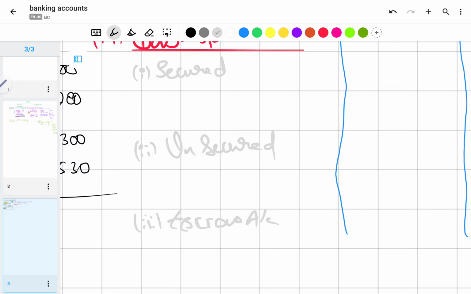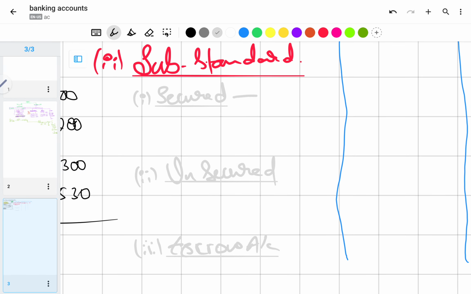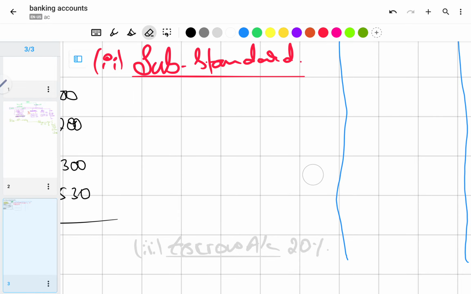These are the three subclassifications. If it is secured, the percentage is 15%. If it is unsecured, then it is 25 percentage. If it is escrow, then it is 20 percentage. This is what we discussed, right? Now let's see the same with the problem.